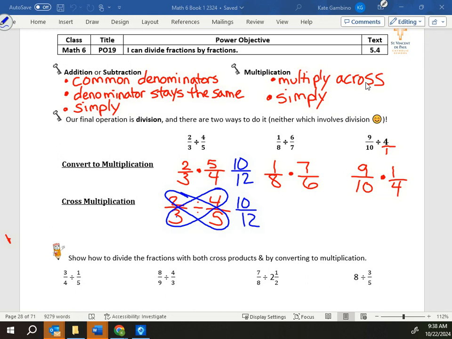We get the same answer. So you can convert that dividing to multiplying, and you would get 10/12. Of course, we have to simplify still, right? So we would divide out that 2, and we would have 5/6. But if we cross multiply, multiply on the diagonal here, 2 times 5 is 10, 3 times 4 is 12, we would get the same answer.